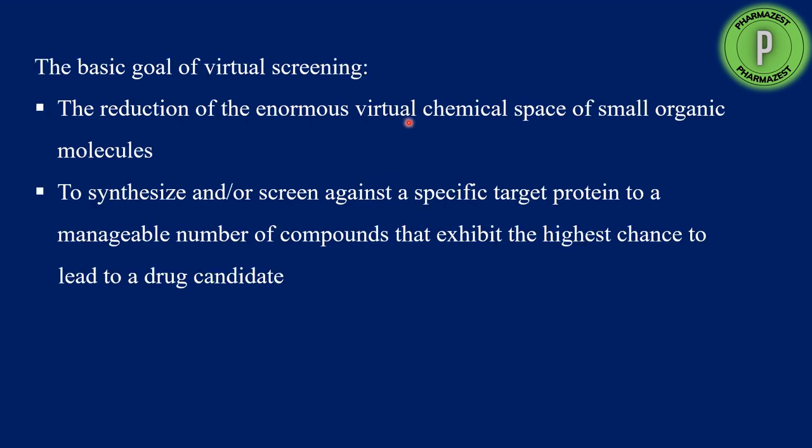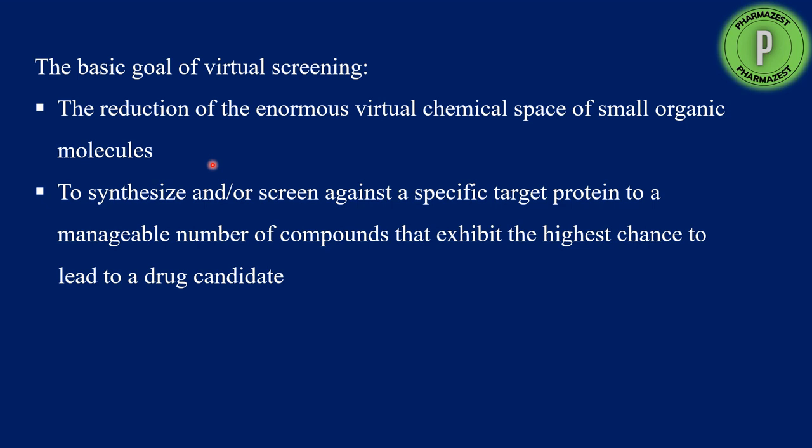Now the basic goal of virtual screening is reducing the number of small organic molecules. So here the reduction of the enormous virtual chemical space of small organic molecules is done. As I have already explained, pharmaceutical companies and research groups have their own in-house laboratories, and we have publicly available databases like PubChem and Zinc, and many other databases, as well as commercial databases.